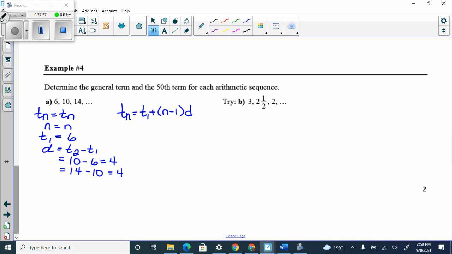It's on your formula sheet. It is given to you. You will have it. So I fill in what I know. I know Tn has to stay Tn because I'm asking you for the general term. So Tn stays Tn. T1 is 6 plus n stays n, and d is 4.